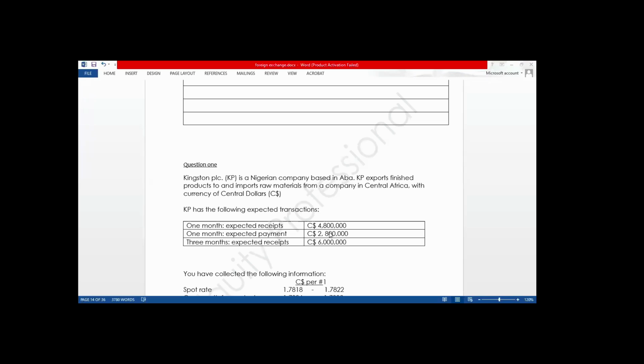KP has the following expected transactions. 1 month expected receipts, $4.8 million. 1 month expected payments, $2.8 million. 3 month expected receipts, $6 million central dollars.